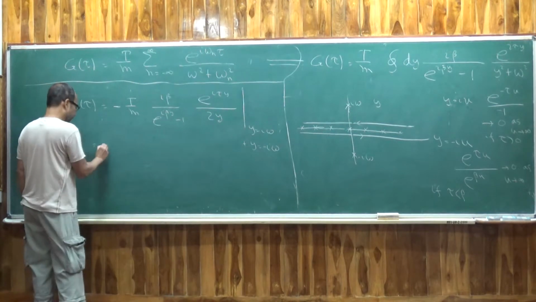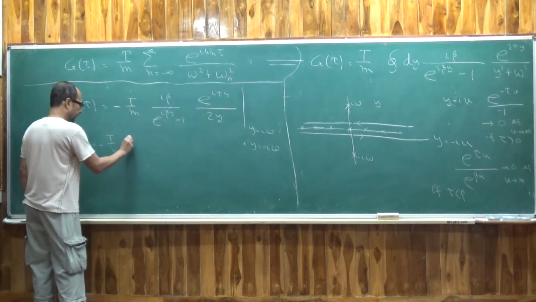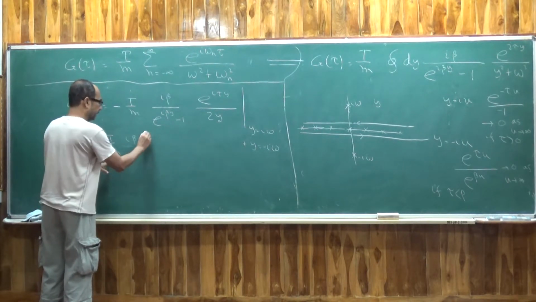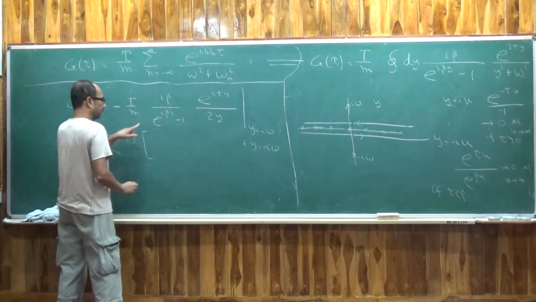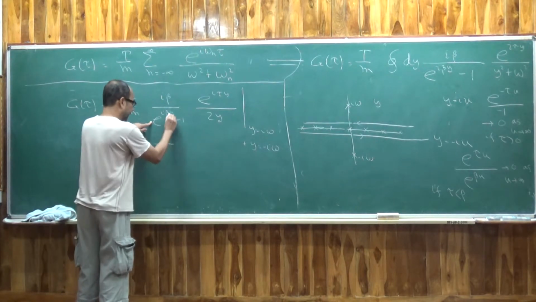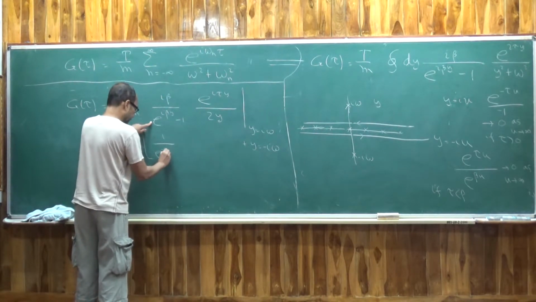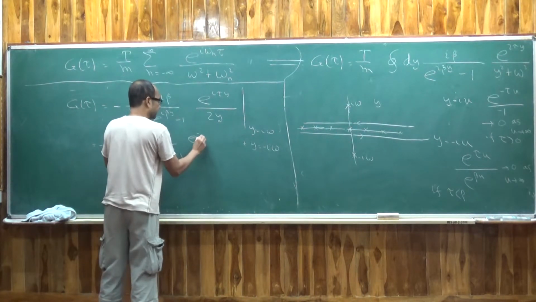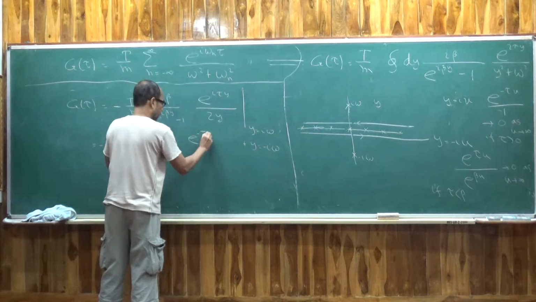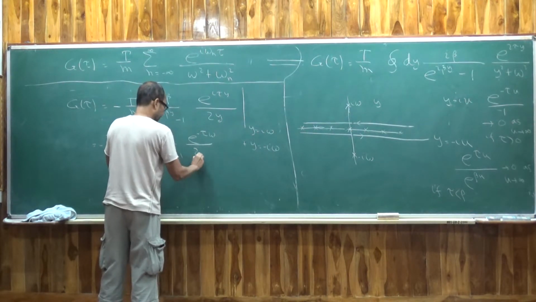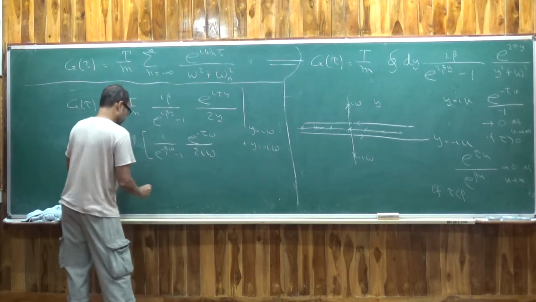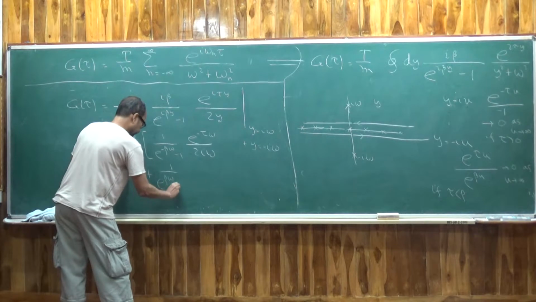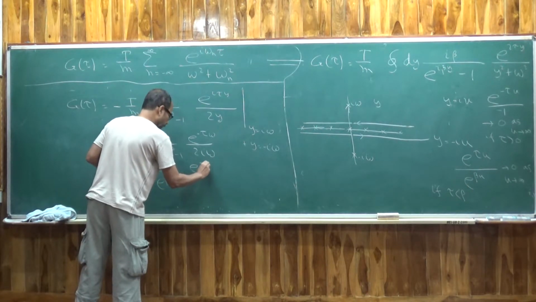So let me write one more step: minus T over M, I beta over I beta, then we'll get 1 over, this is the I omega residue, minus e to the minus beta omega minus 1 times e to the power minus tau omega by twice I omega, plus 1 over e to the beta omega minus 1 times e to the power tau omega.